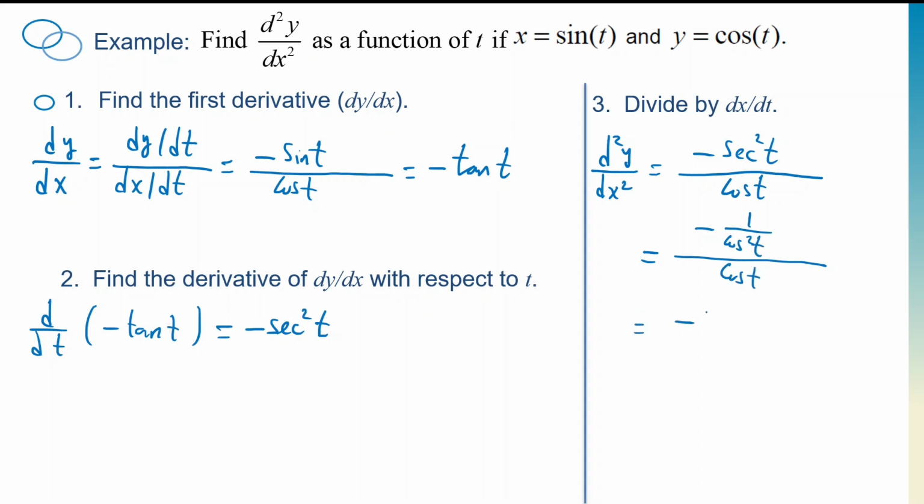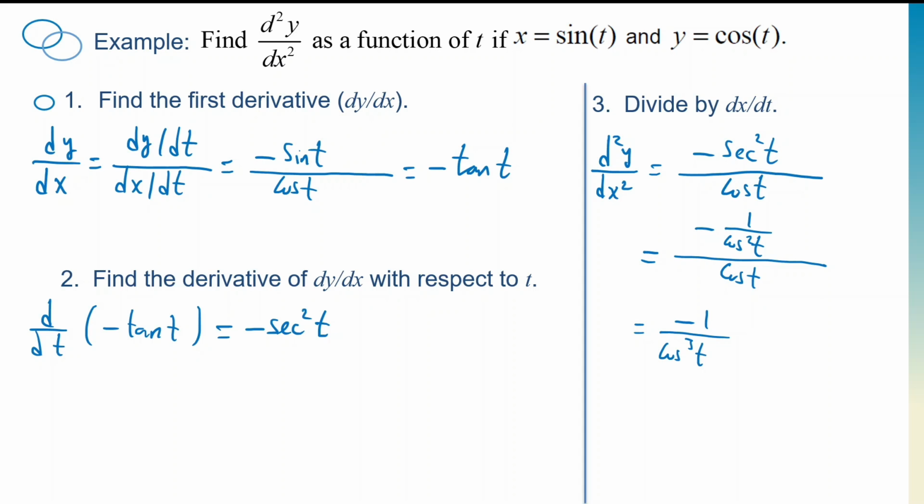So this equals negative 1 over cosine to the power of 3t. Okay? This is one way to write it. I could write it as secant to the power 3 also. It's fine. Now let's see what we have next.